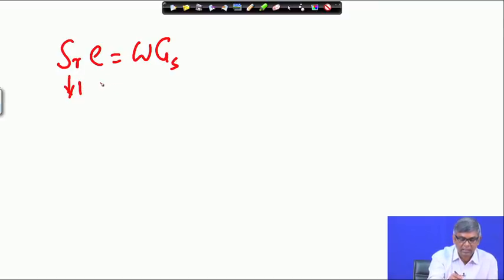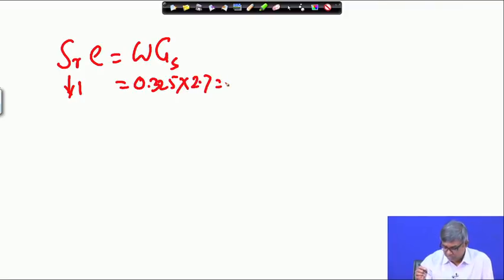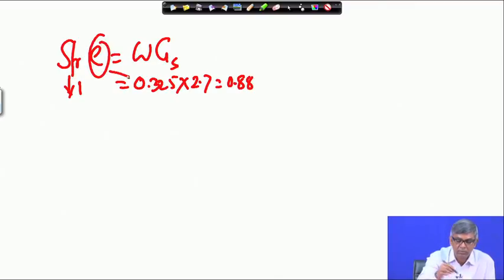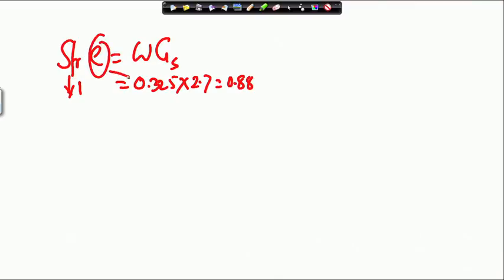So, ultimately I get directly E equal to water content into GS. Water content is 32.5%, so this is nothing but 0.325 into GS, which is 2.7. So, this becomes 0.88. So, I have got E equal to 0.88.